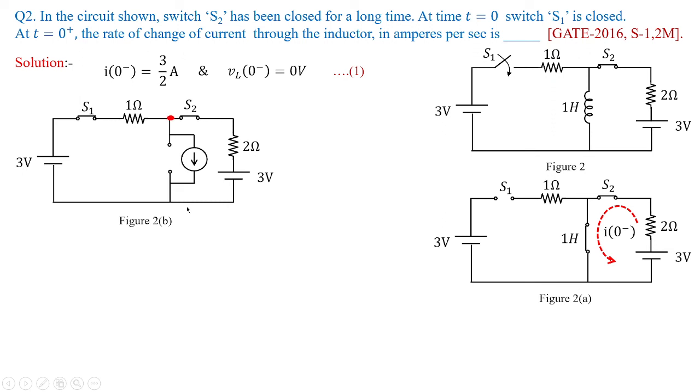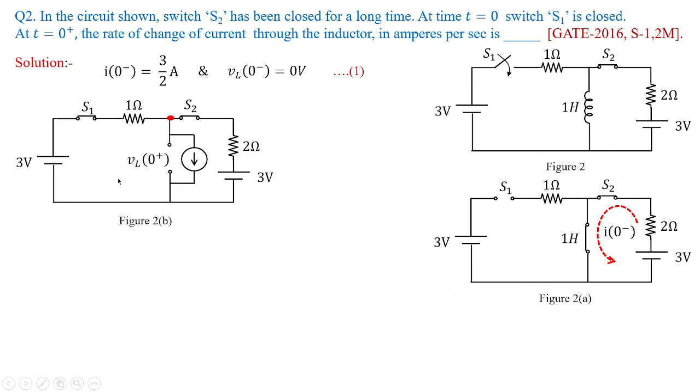I'll identify a node like this, and to this node I'll apply a voltage, which is the inductor voltage, and this is quite different from the voltage present in equation 1. That is a new value of voltage. So VL of 0 plus would be across this node. Remember, current through an inductor cannot change instantaneously, but voltage can change instantaneously. This is an important point to remember.